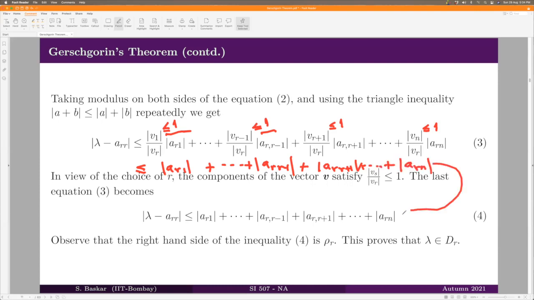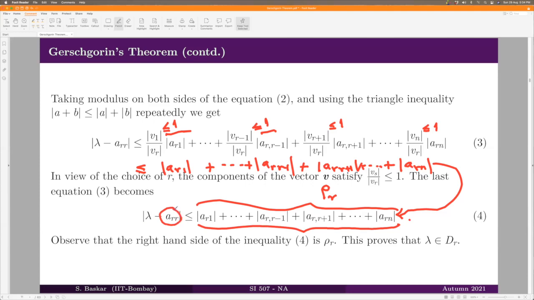Observe that this right hand side is precisely what we defined as rho_r. Therefore, lambda belongs to the disk whose radius is this and whose center is at the diagonal element a_rr of the rth row of the matrix A. So that proves the first part of the theorem.